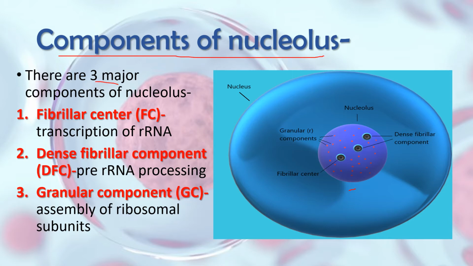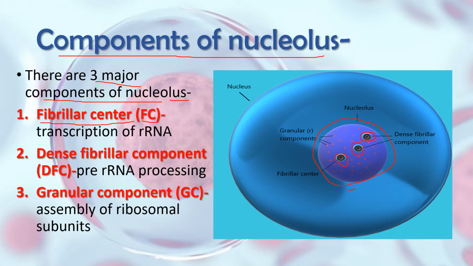There are three major components of the nucleolus. You can see over here, these are the three regions: the first, second, and third. This particular area is our nucleolus. The first one is the fibrillar center, or FC.